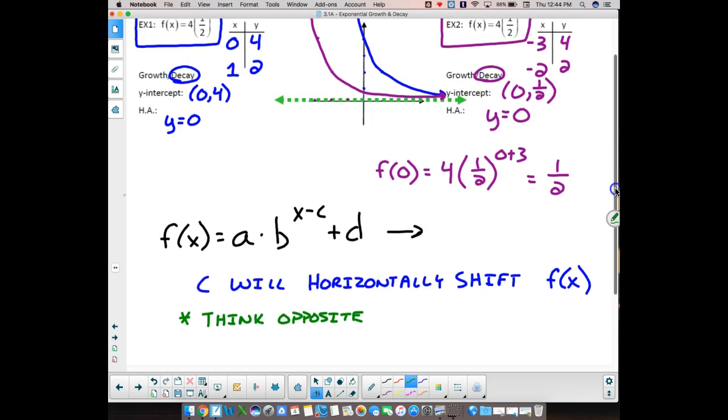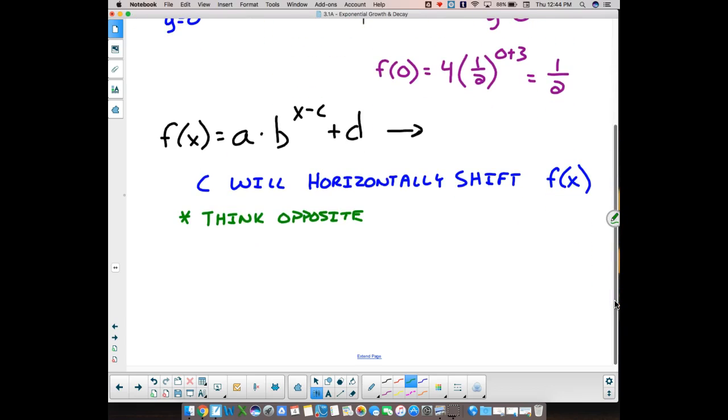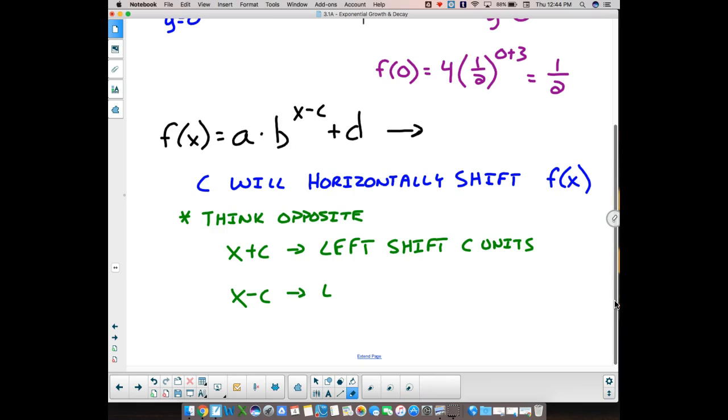So if it's x plus C, that is a left shift C units. And if it's x minus C, that is a right shift C units.